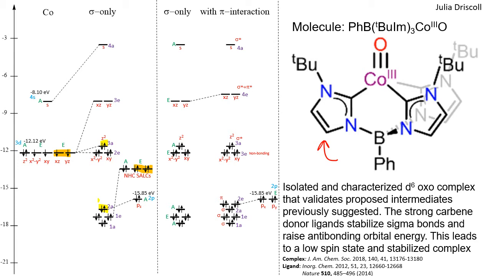So this raises up the xz and the yz orbitals to the 3e position here, and then stabilizes the 2 SALCs down here to the 1e, creating a very strong sigma bond and a large d-splitting based on the antibonding orbitals. So then the A SALC here will mix with the other A symmetry orbital here, the s, leading to this high antibonding orbital as well as this very stable sigma bond here.